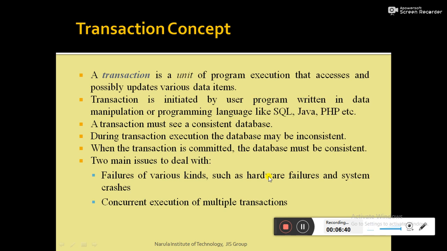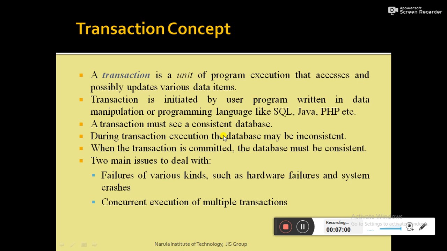Similarly, if someone wants to check how much amount a particular person has in his or her account, then this also will be termed as a transaction, because once you click a button check balance, what happens?